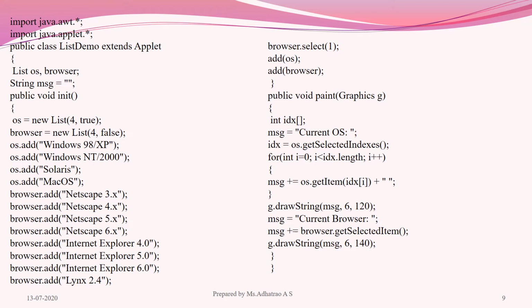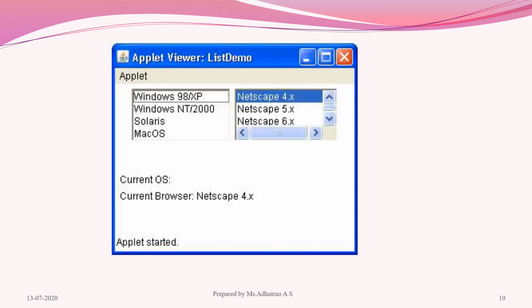Whatever the items under the os object are, they are going to return the values. The strings are going to be returned in the form of an array, same as for the browser. So let's see what the output of this code will be. Here there is my operating system list and there is the browser list. So this will be the output of your list.